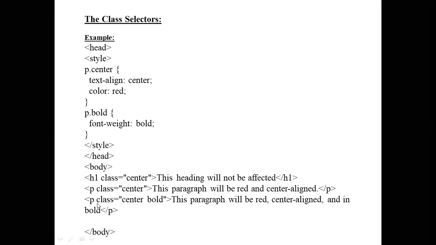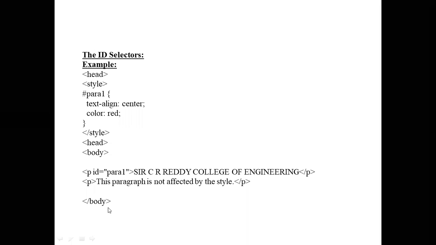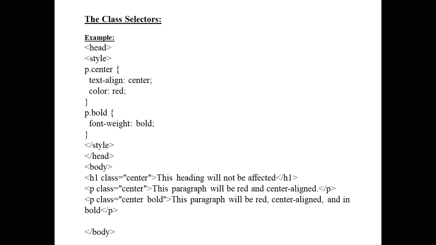Next, the ID selector. An ID selector is an individually identified selector to which a specific style is declared. The difference between a class selector and an ID selector is that in an ID selector only one ID selector is attached to the element, whereas with class selectors multiple class selectors can be attached to the element.